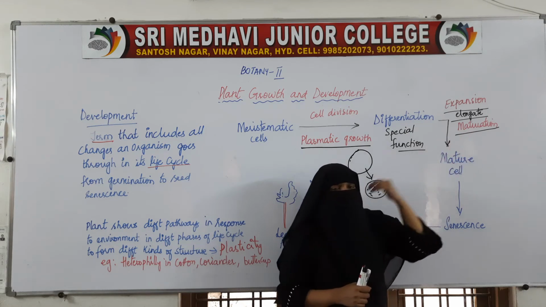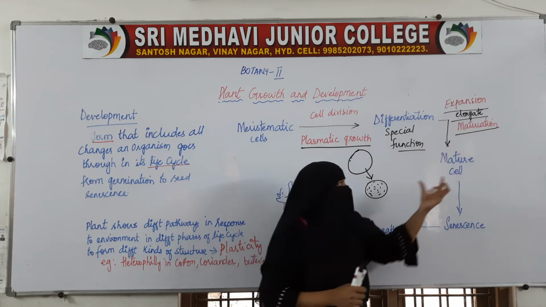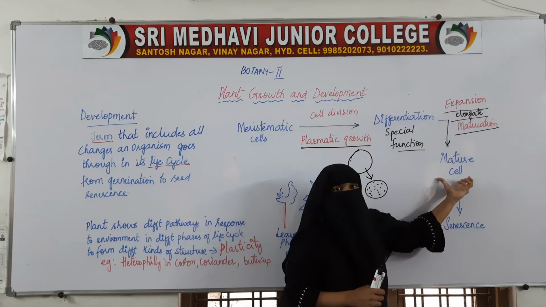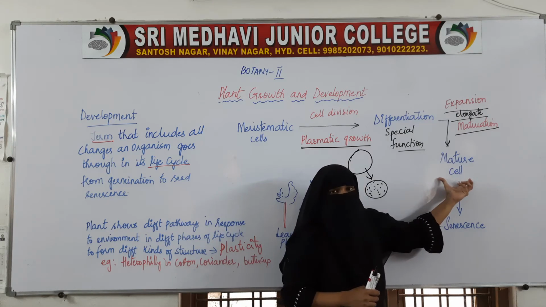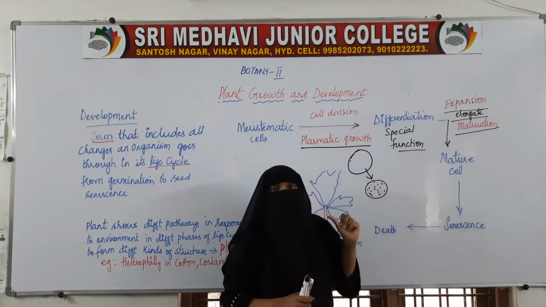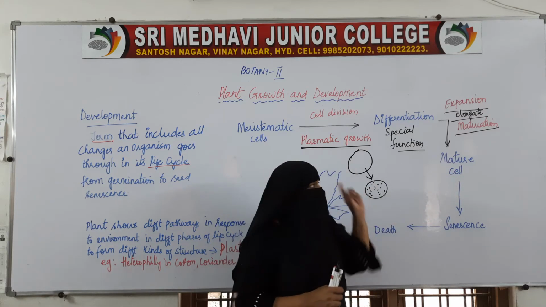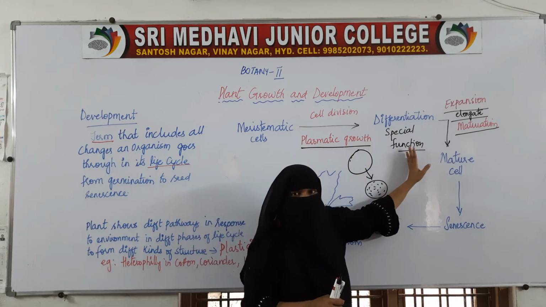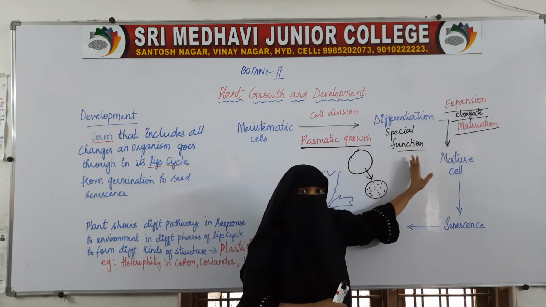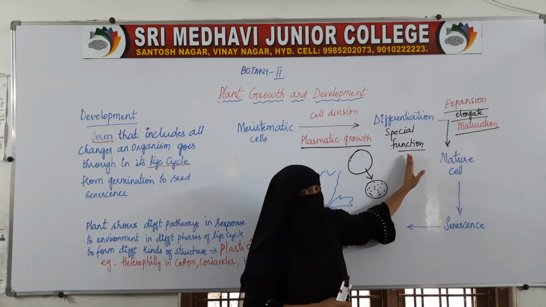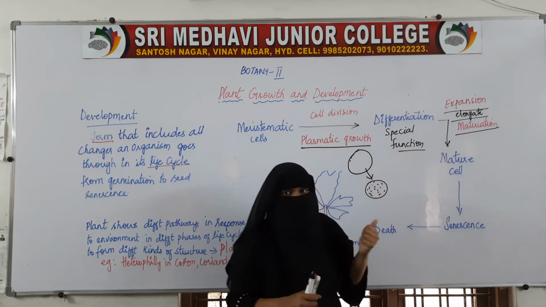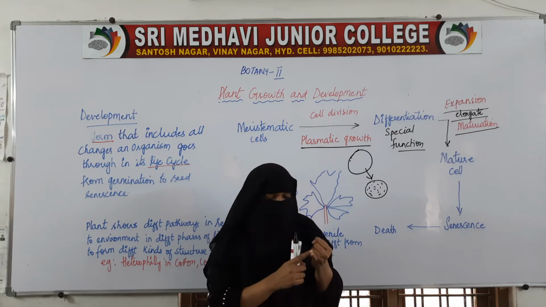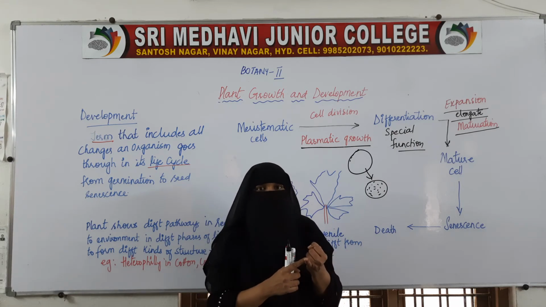Now what do we have after the cells undergo maturation? Now the cell is a mature cell, totally able to perform a function. The cells will divide. The divided cells will be given a specific function. To perform that function, these cells will undergo certain changes, in the protoplasmic content as well as in the cell wall.